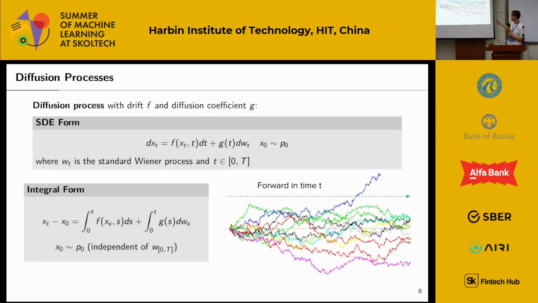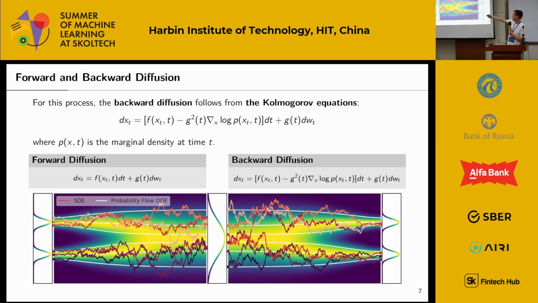First, the drift coefficient of this diffusion will slightly differ from the forward drift, and we will need to add a so-called score function. I will explain what that is later. Second, the time here should flow backwards. So the diffusion goes not forward with the Brownian motion, but in the backward time.